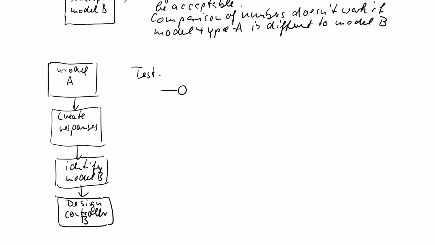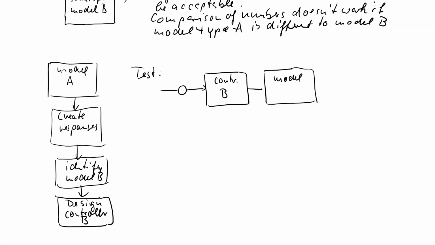Build up a loop, take your controller B, which you have designed with your identified model, put it together with model A, and then close the loop with negative feedback.